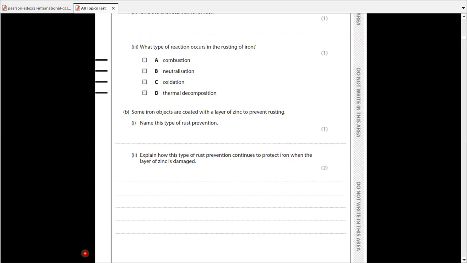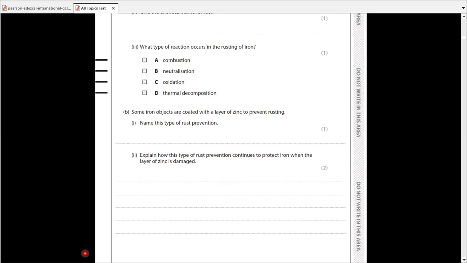Basically, the zinc reacts with all the oxygen in the surroundings, which protects the iron, and so the iron is not affected. That's right. But a more clarifying answer would be better.